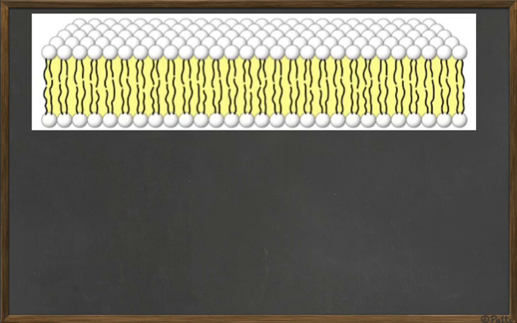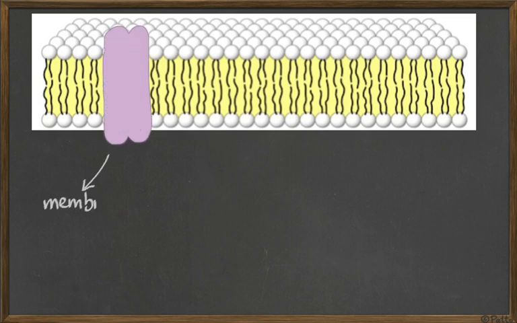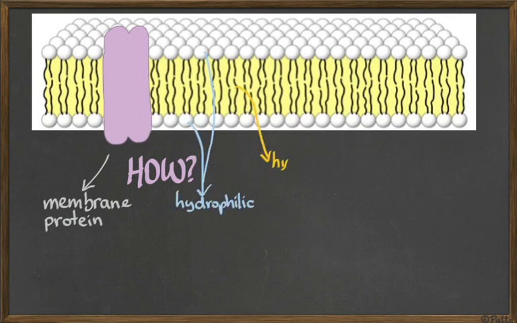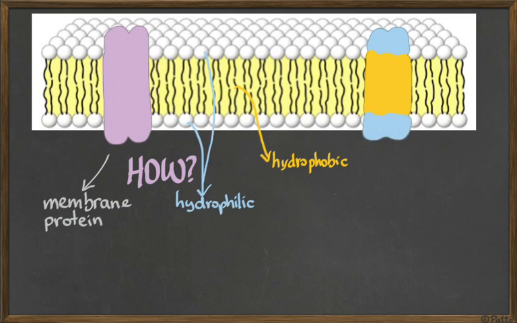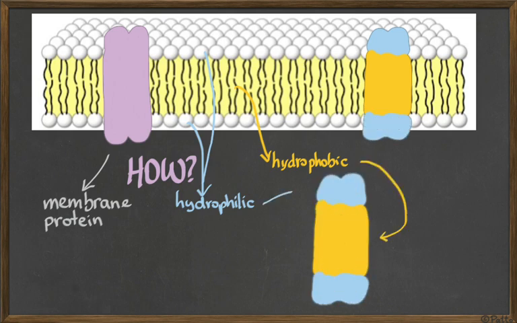So just to show you the idea, this would be a membrane protein. It's embedded in the phospholipid bilayer, and this one here is going all the way through. But how does it work? I showed you before, if you have hydrophilic parts and hydrophobic parts, then we can have a protein with hydrophilic and hydrophobic parts. The blue is the hydrophilic, the yellow is the hydrophobic.